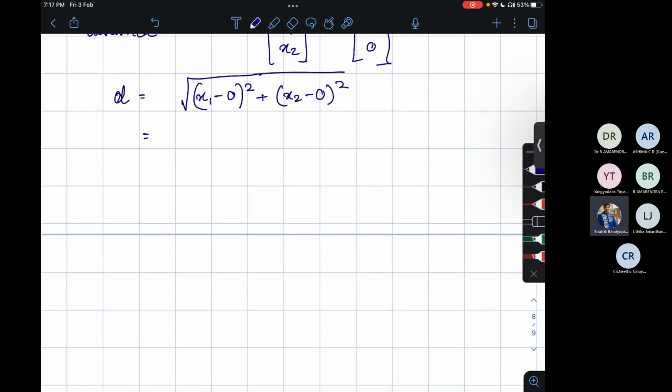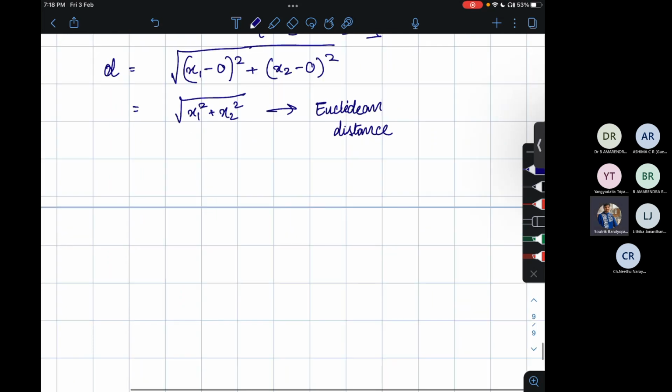This you called your Euclidean distance, or 2 norm.